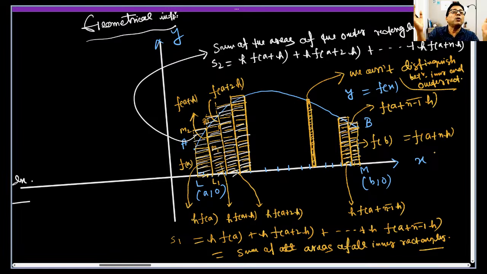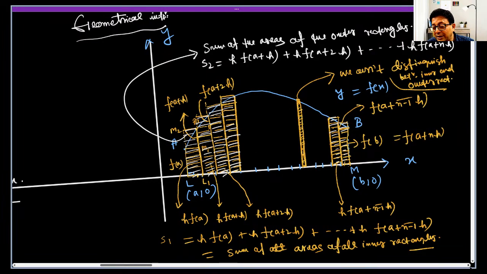You have taken a very small space between two parallel sides, but even that distance between two parallel sides tends to 0, I mean very, very small. In that case, the areas of inner rectangles and the areas of outer rectangles have no difference, and that will represent the area under the curve. Got it? So this is the geometrical meaning.